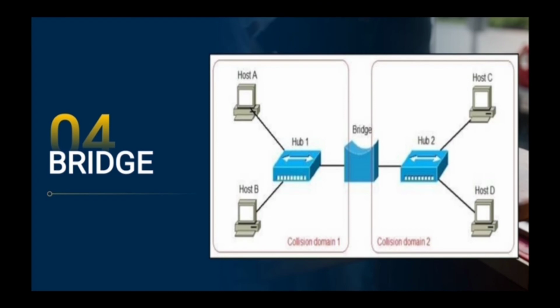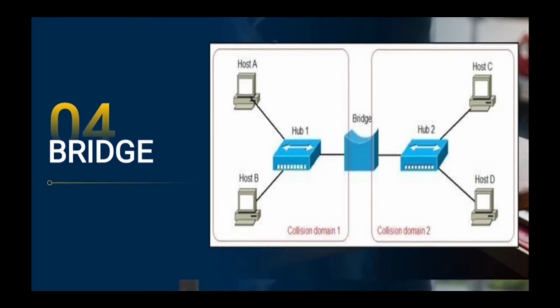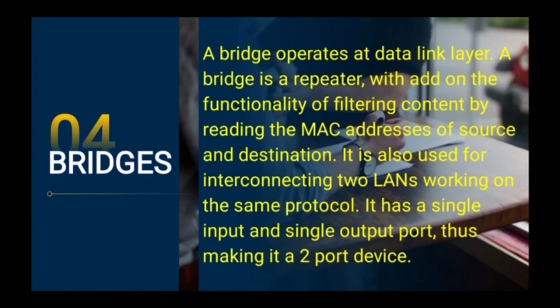Next device, bridge. When we need to connect two networks, we use a bridge. A bridge operates at the data link layer, the very first layer of your OSI network model. A bridge is a repeater which adds the functionality of filtering the content by reading the MAC address of the source and the destination. Always remember that at your source and at your destination, all these devices need to be there.